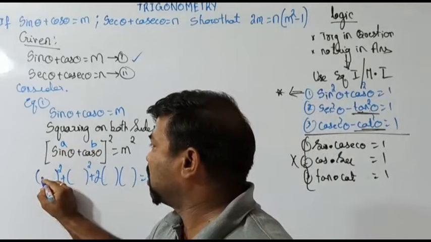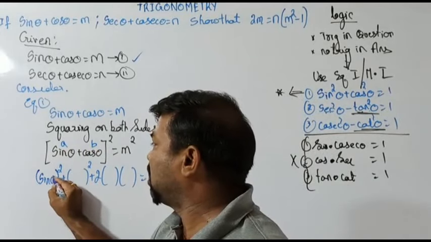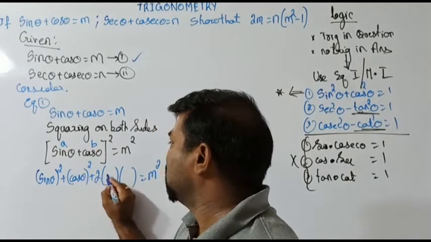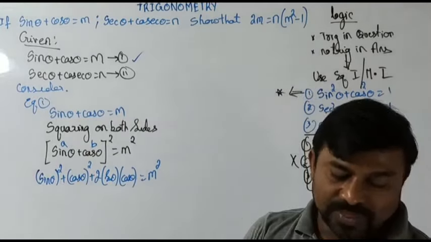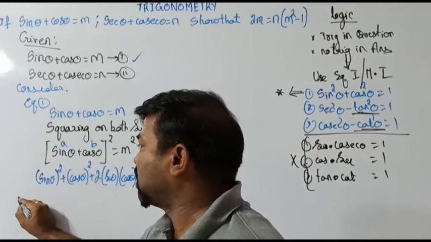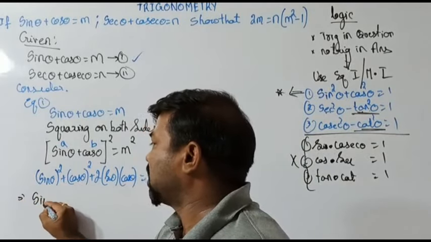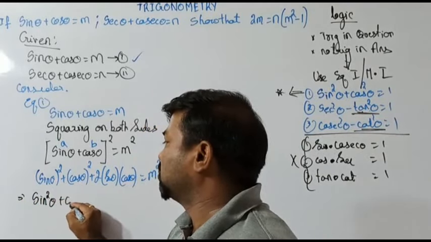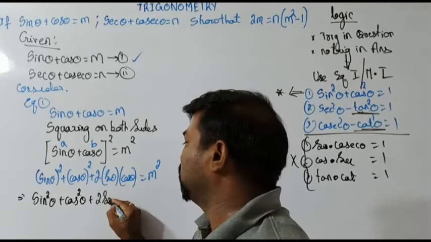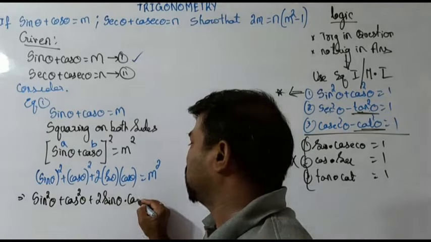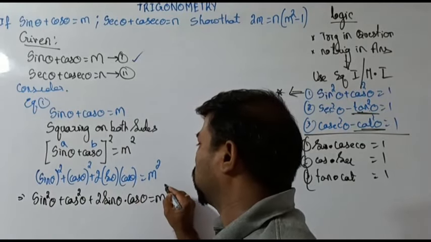I plug in a here, that is sin theta; here it is cos theta, here again sin theta, again cos theta. Now I pull that square inside, which becomes sin square theta plus cos square theta plus 2 sin theta into cos theta is equal to m square.